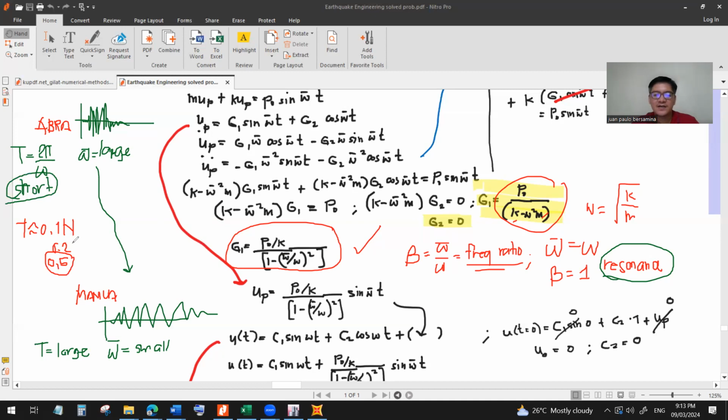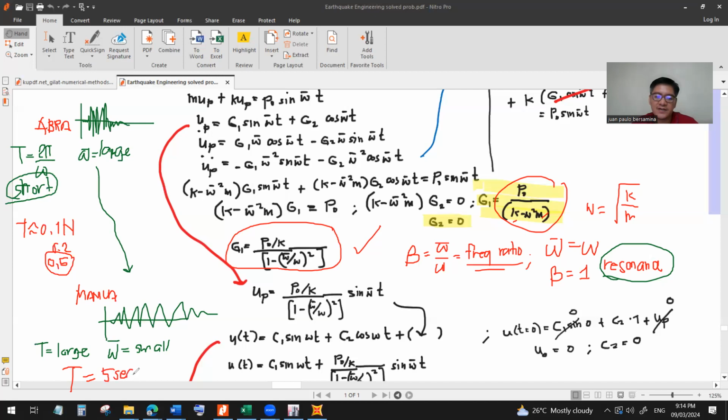Okay? Now, for a large period or long period structure, maybe a high rise, not to exaggerate, let's say 50 story. 0.1 times 50 is about 5 seconds.